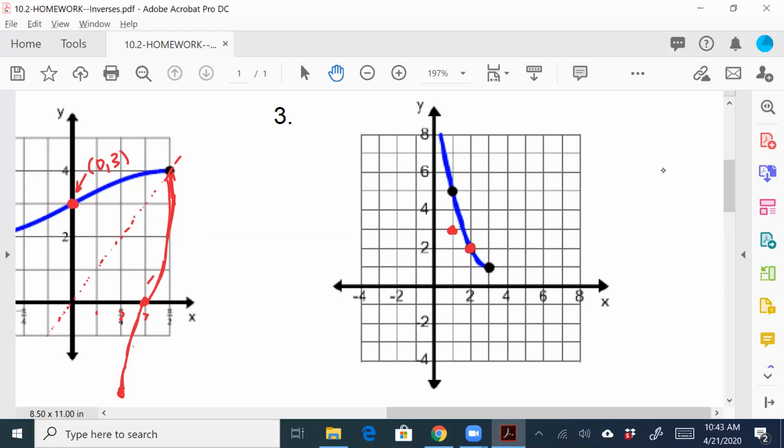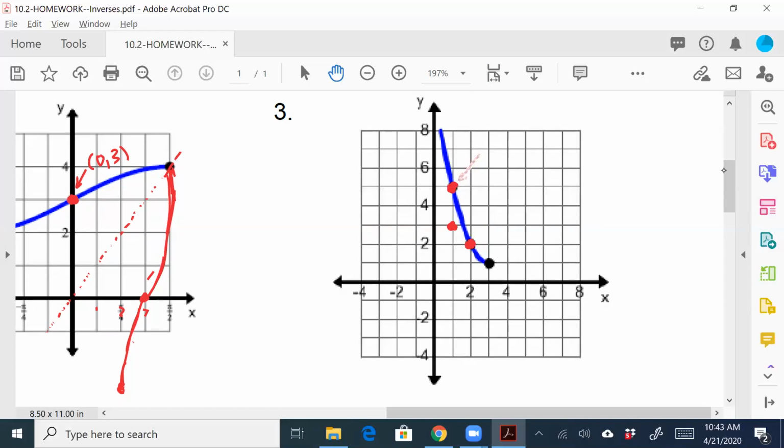Okay, how about this point right here? That would be 4. Wait, your x goes first. So right or left? That'll be 1 and 5. Excellent. So its inverse would be 5, 1.